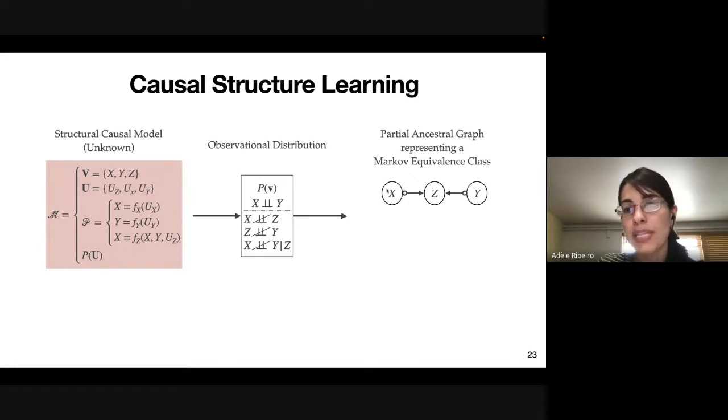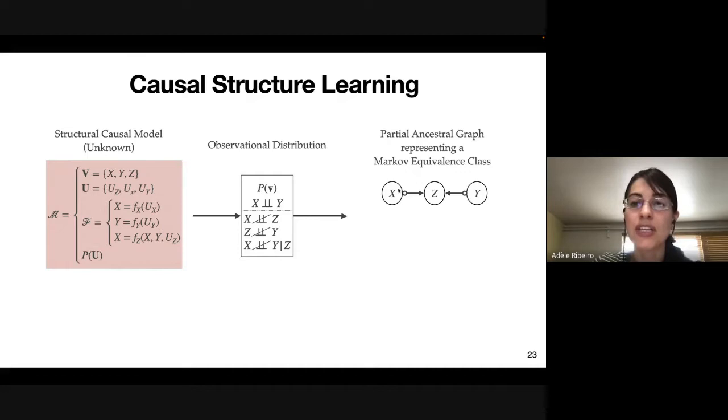This representation is usually called a partial ancestral graph, where a circle means that this could be... it's better to start with an arrowhead. The arrowhead means that the variable that has the arrowhead is not an ancestor of the other variable.